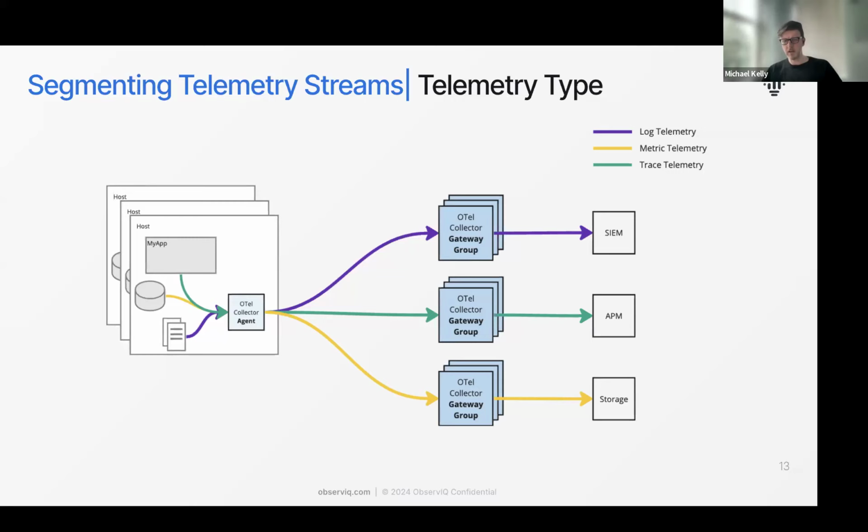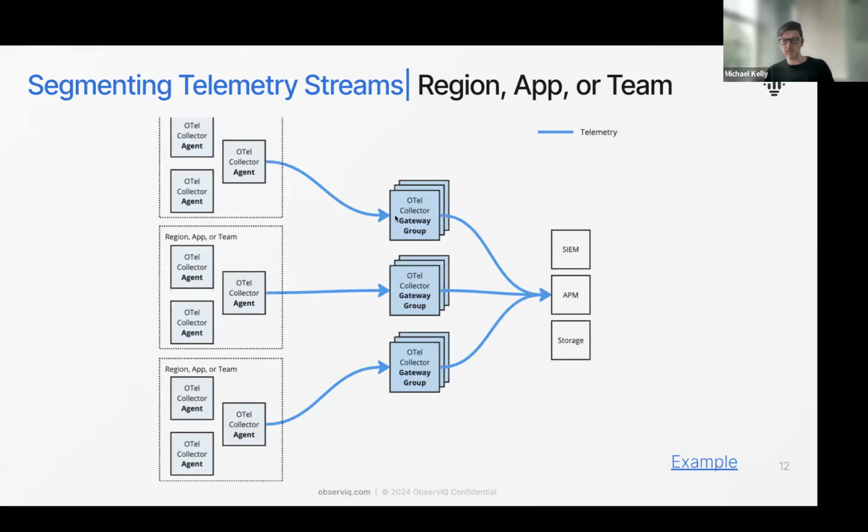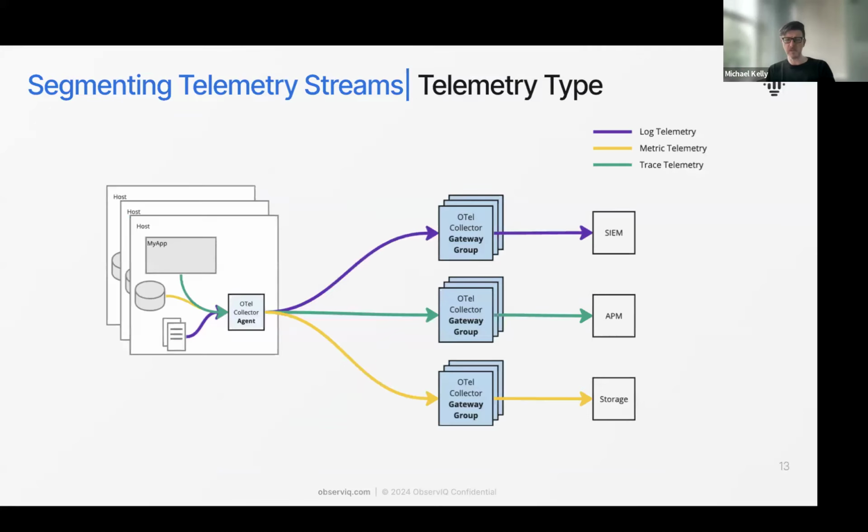And while I'm not showing it here, I will mention that you can do the same thing. We can break out those streams and manage them as separate pipelines within a collector group as well. I'm not calling that out specifically, it would be really similar to the architecture you see here. So you can already, with this architecture, split your pipelines and have each handling different telemetry. But this just makes it more explicit, and we're really saying one gateway group only handles one telemetry type.